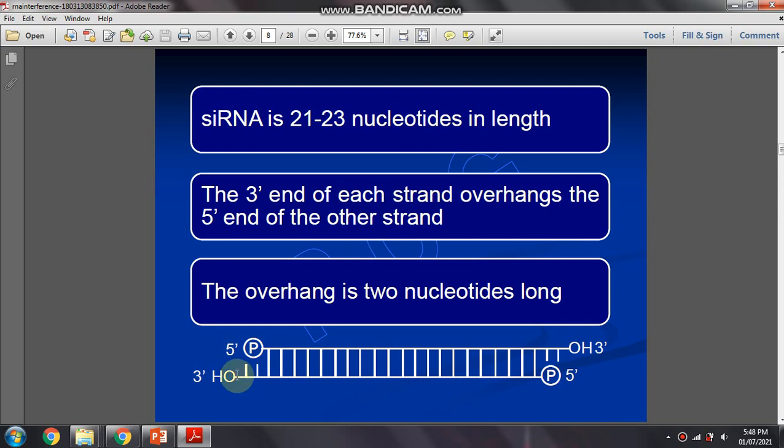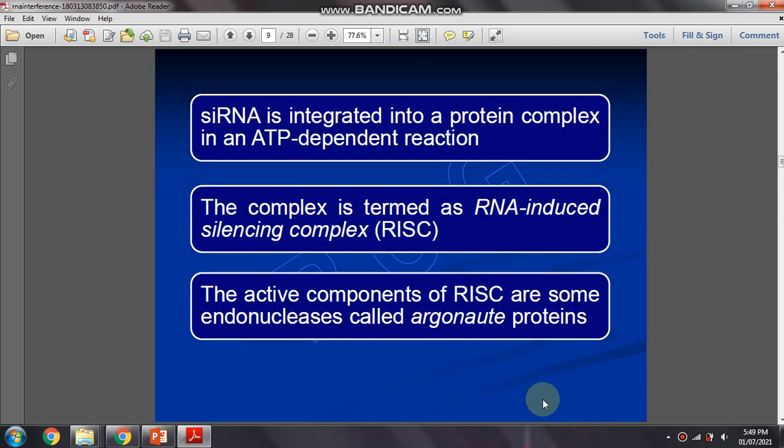One strand's 3' end has an overhang and the other strand's 5' end has an overhang. This is like a sticky end generated by restriction endonuclease, though this is not generated by restriction endonucleases; I am just giving you an example. Remember, siRNAs have overhangs and the size of siRNA is 21 to 23 nucleotides.